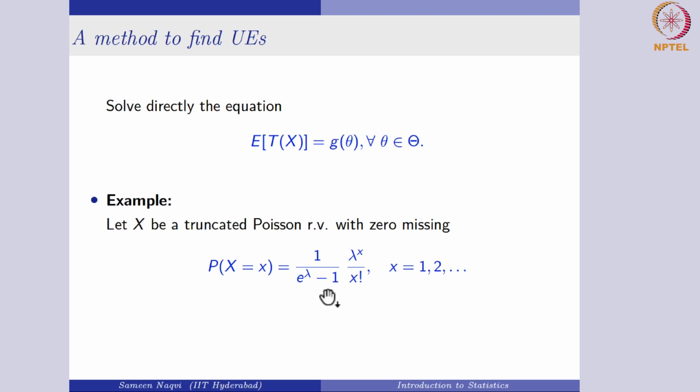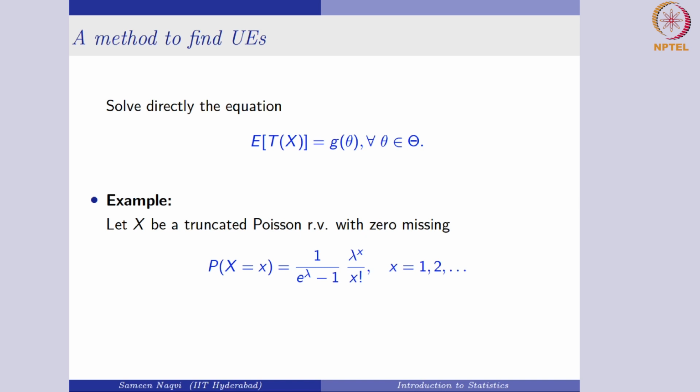So here you see that it is a truncated one because, first of all, x starts from 1 as opposed to the usual Poisson distribution which starts taking value from 0, and also the PMF is somewhat different in this case. This is important, and this distribution can arise in situations where you know that 0 is not going to occur.